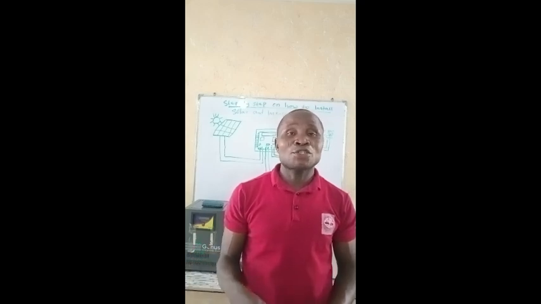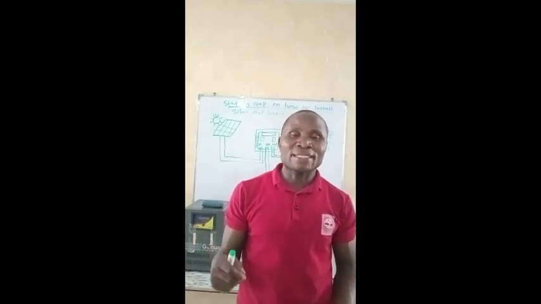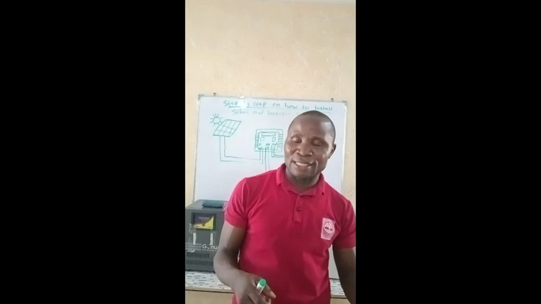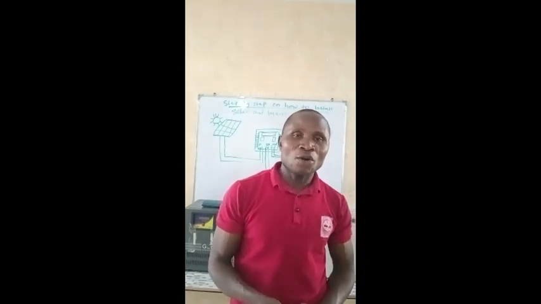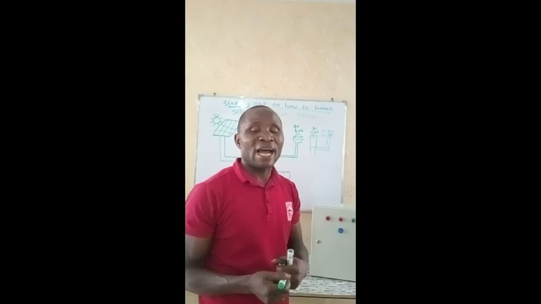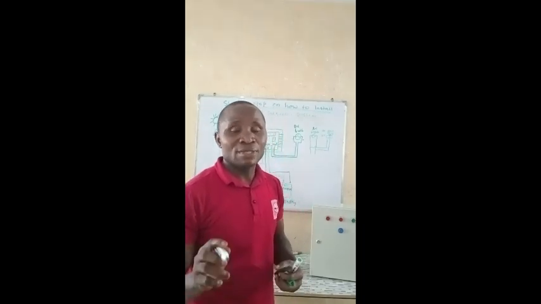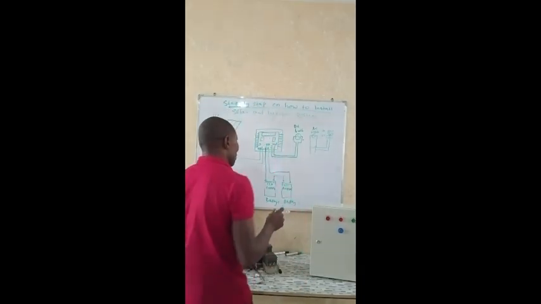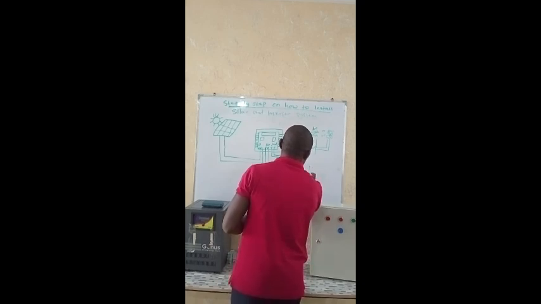When the panel is full in the battery, it converts it to AC and gives it out. So we have two AC, input and output, on the inverter. So this is the inverter.